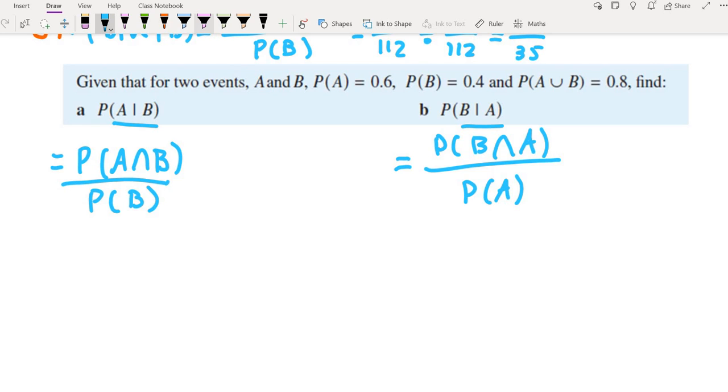Now obviously the key thing, we need the intersection between A and B in both of the equations. However, we're not given that, we're given these three.